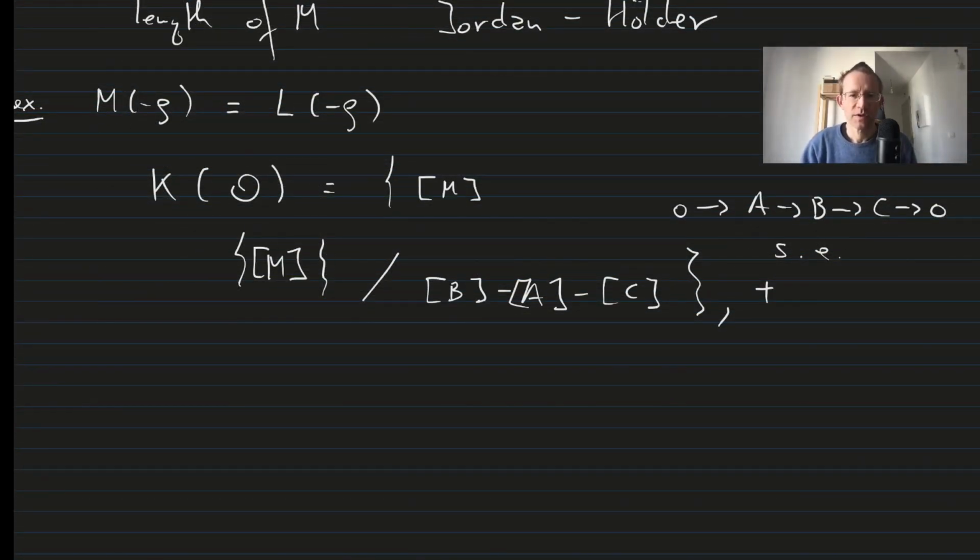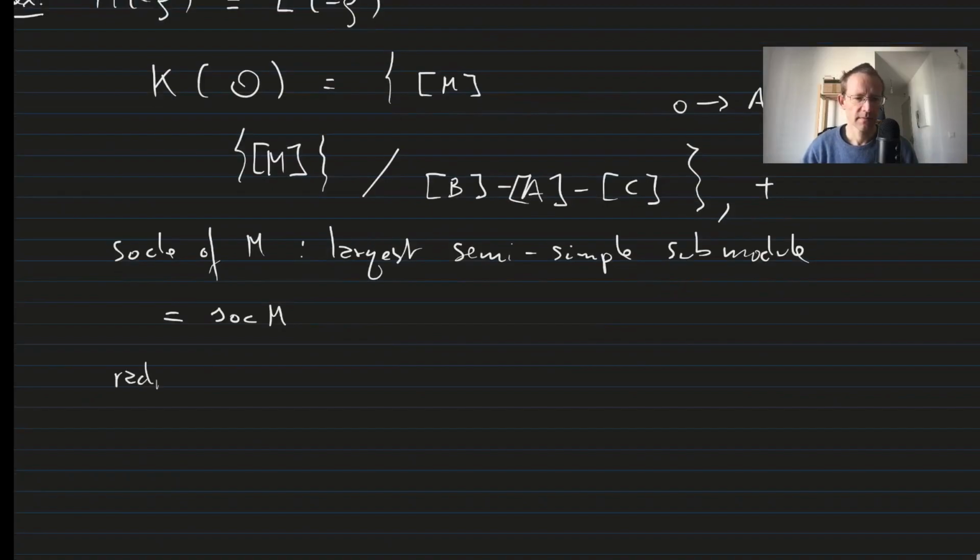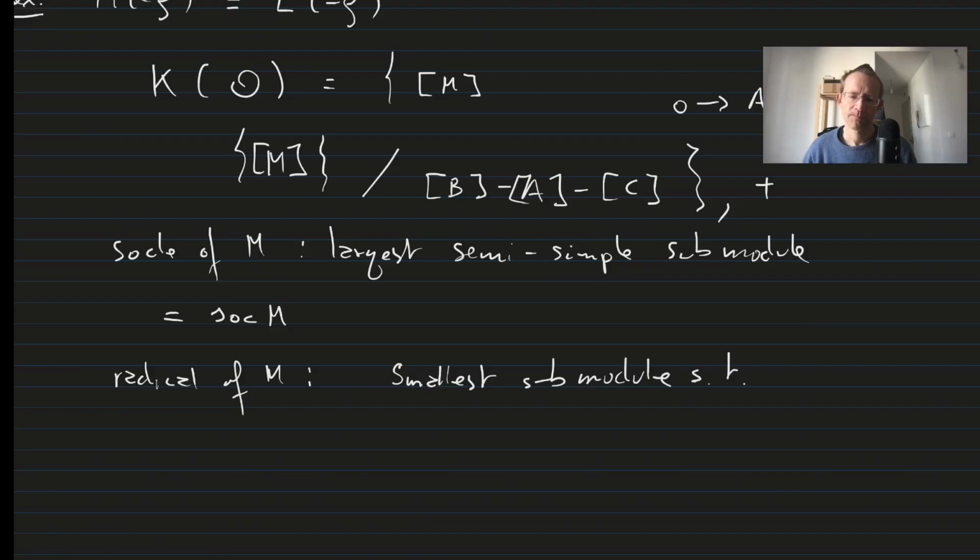Now, because we have these composition series, we can define the socle of a module M. That is the largest semisimple submodule. Then we have the radical of M. That is defined such that it's the smallest submodule such that M divided by the radical of M is semisimple.